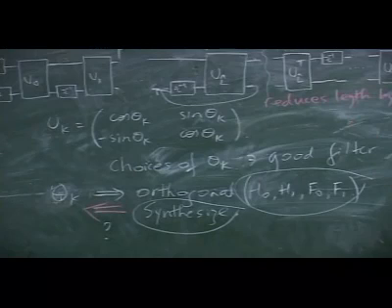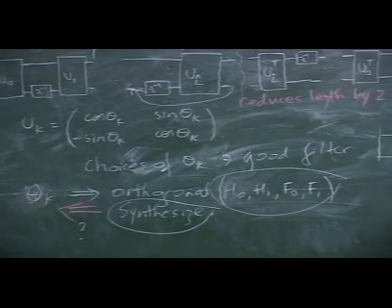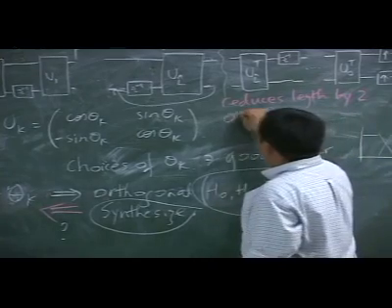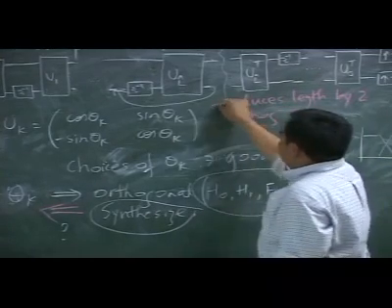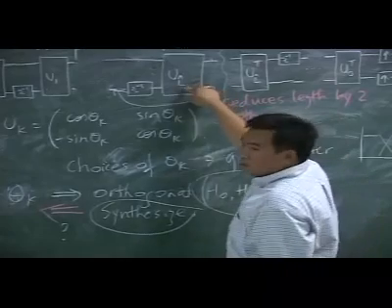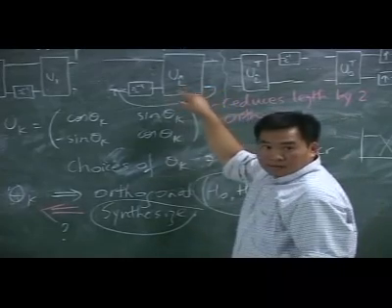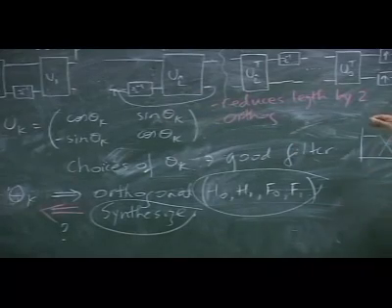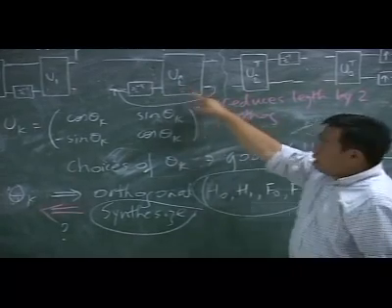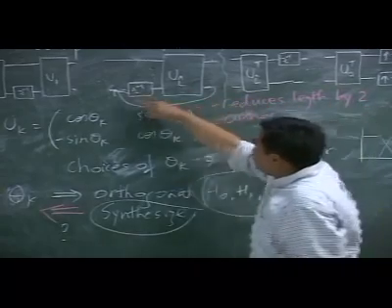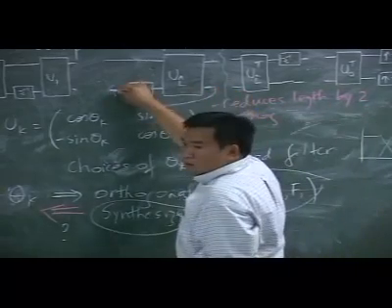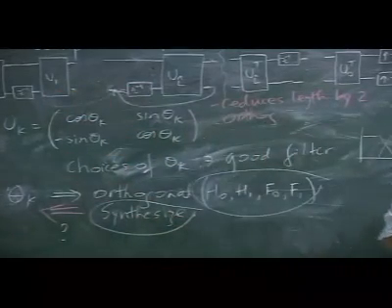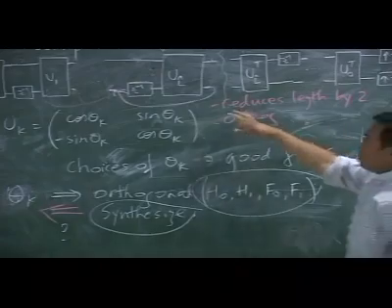Go 6, 4, 2, we're done. 8, 6, 4, 2, we're done. What else? You want to preserve orthogonality, and that's easy because as long as this block is orthogonal, then you're done. So the synthesis procedure discusses how to find this block such that every time you peel off a block, you reduce the order by 2. And that shows this system is a complete system.